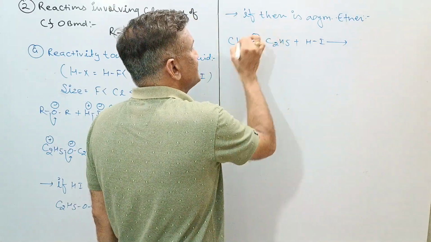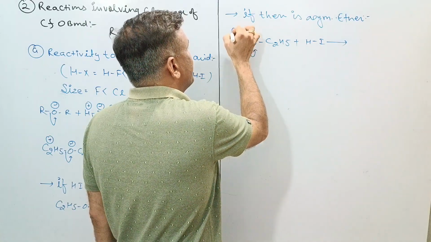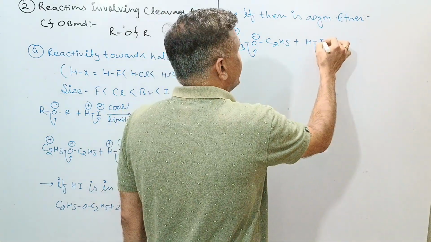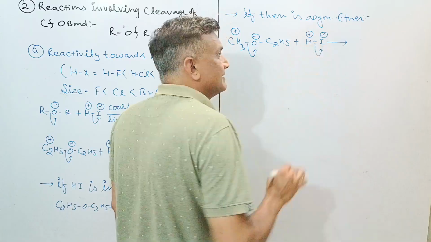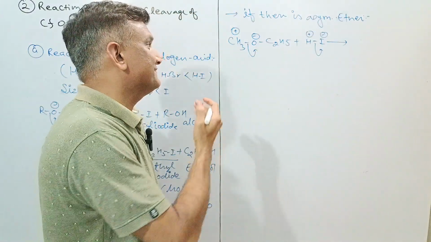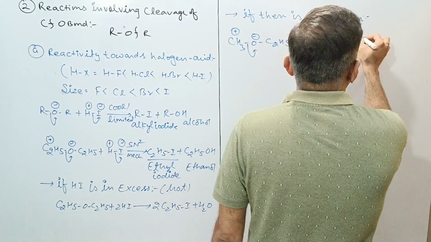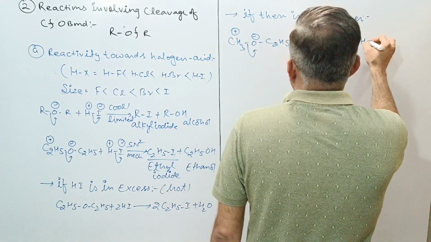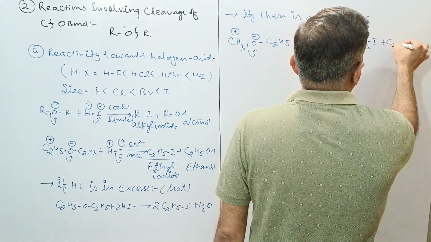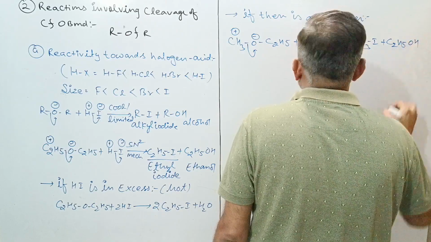The electronegativity of I is greater than H plus, and because of less steric hindrance, CH3 forms CH3I and another molecule of C2H5OH.